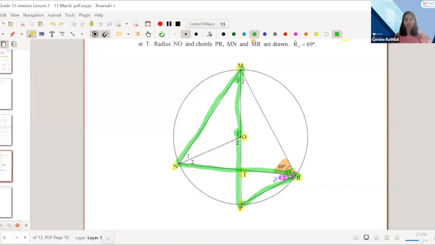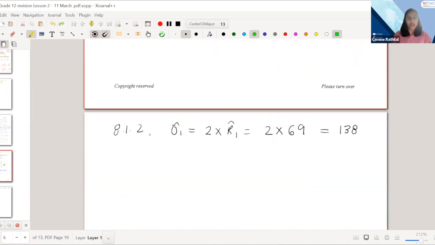So from NP, we get out angle M1, and from NP, we get out angle R2. So those two angles must be equal, right? So once again, angles in the same segment. So R2 equals M1. Let's write that down. So thank you for spotting that quite quickly.